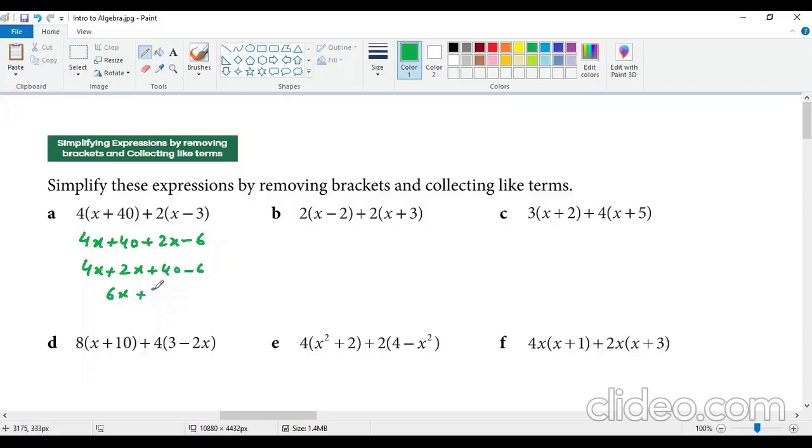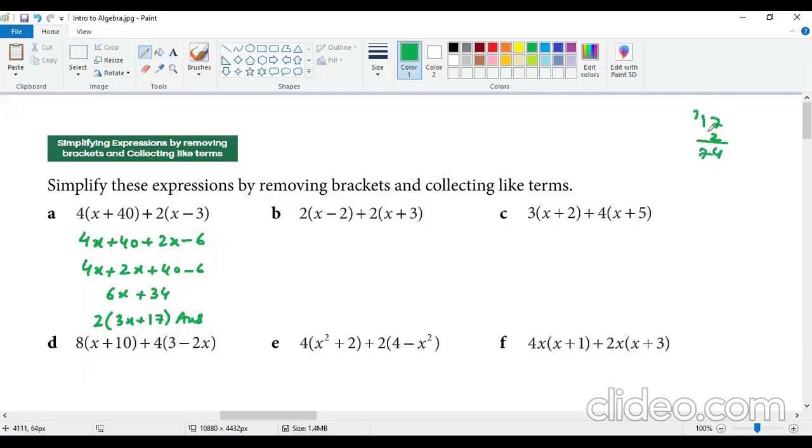And in here, what is common? The 2 is common. So we keep 2 outside and you will have 3x plus 17 as the final answer. 17 times 2 is 34, I guess. 17 times 2, yes, 34.